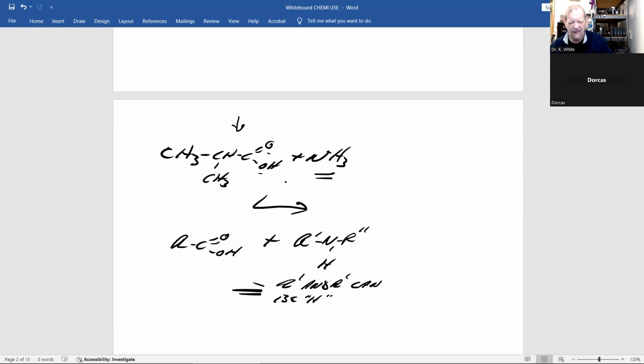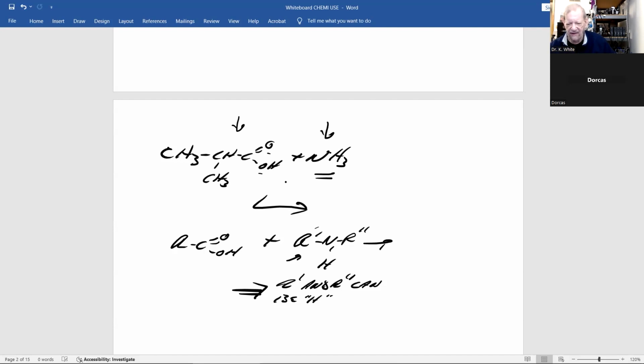And notice right here in this amine, R and R prime, double prime, can be hydrogen, which in that case is ammonia.